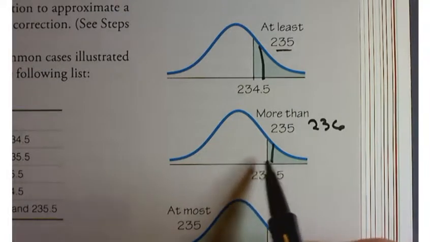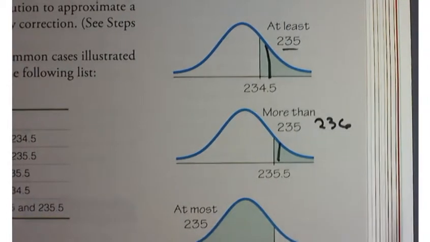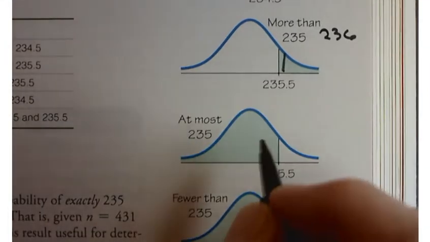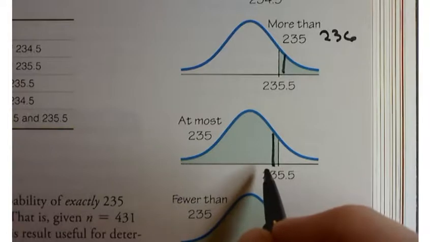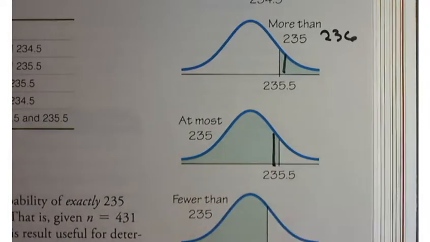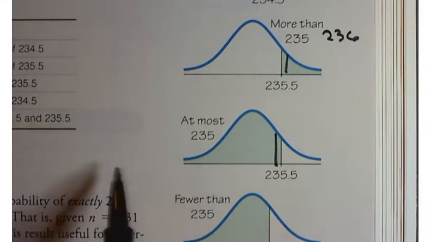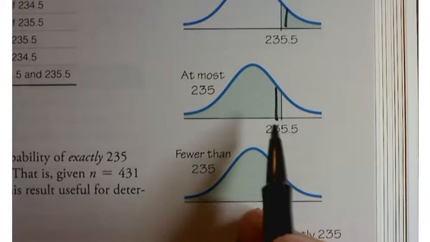So I'd move to the left and start at 235.5. At most 235 would be here. Your continuity correction says add 1/2 to that. Make the area bigger by 1/2. Now, I can't make the area bigger by 1/2 on the left side of this because it goes out to negative infinity. But I can make it bigger on the right.